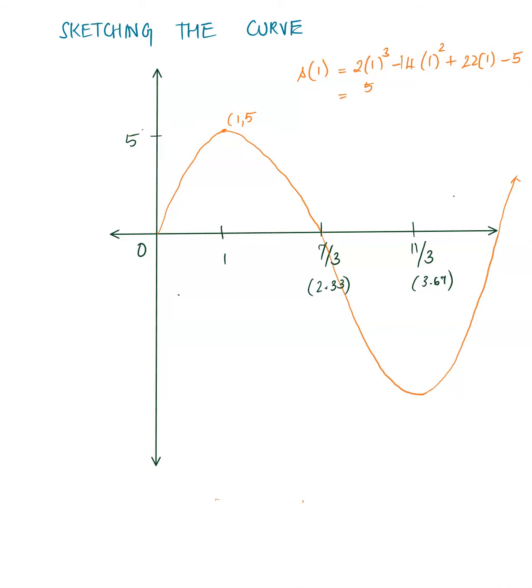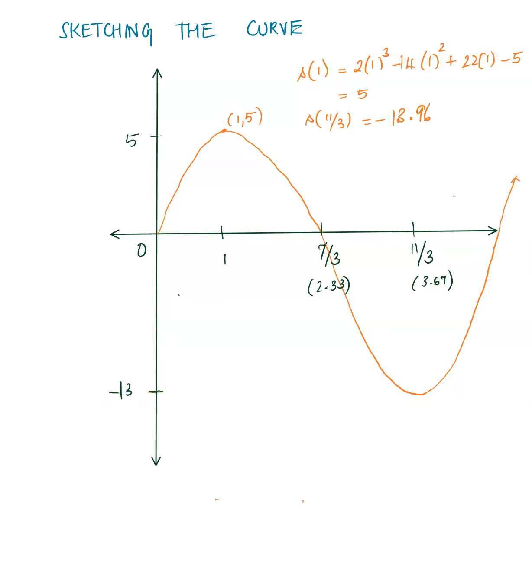Well, you have to get your scale accordingly, of course, right? 1 comma 5. And then here again, 11 over 3, find what S of 11 over 3 is. And when you compute that, get negative 13.96. So again, my scale is really bad here, because this has to go all the way down, further down, because this is 5 here, and this will be a negative 13.